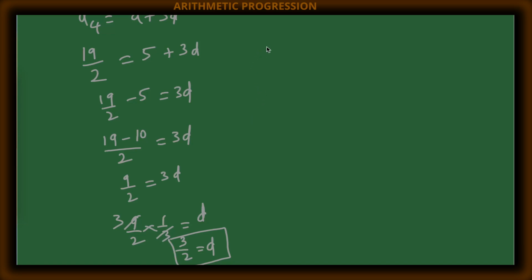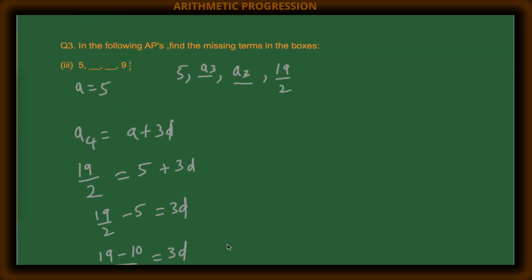Now that we have the value of D, which is 3 by 2, let's try to get the missing terms. D is equal to 3 by 2.